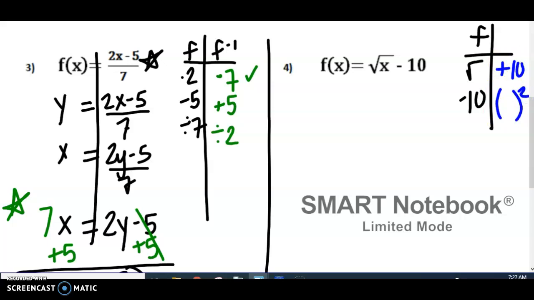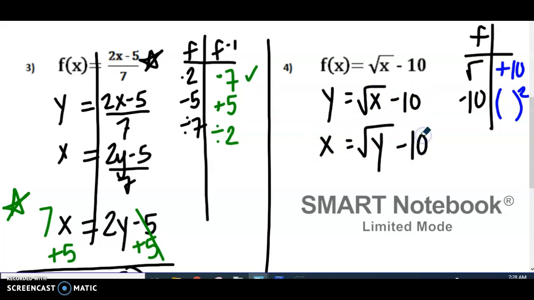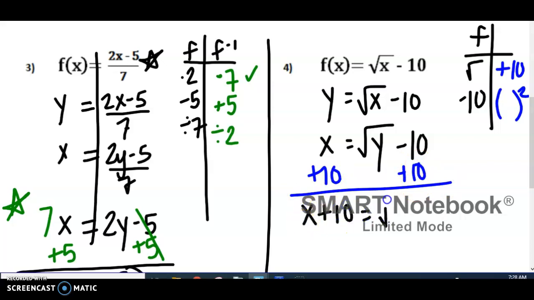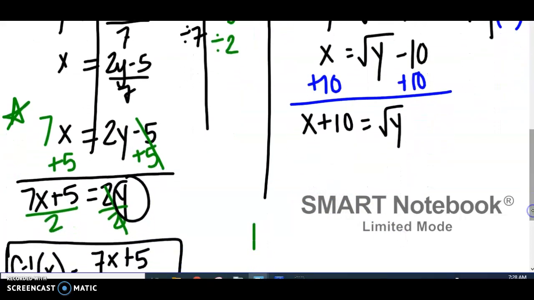Okay, so switch this to y equals, switch my x and my y, add that 10 on both sides. So I get x plus 10 equals square root of y. And then undo a square root by squaring it.